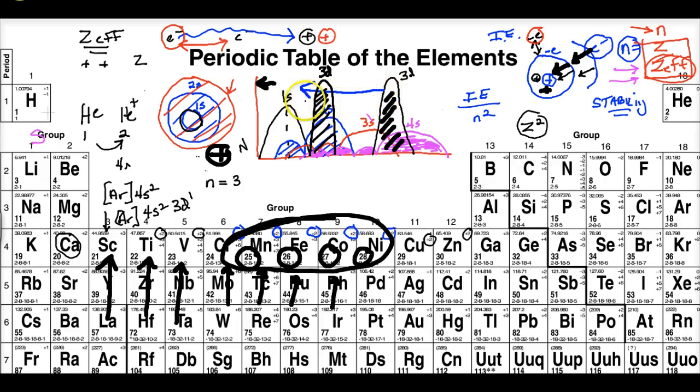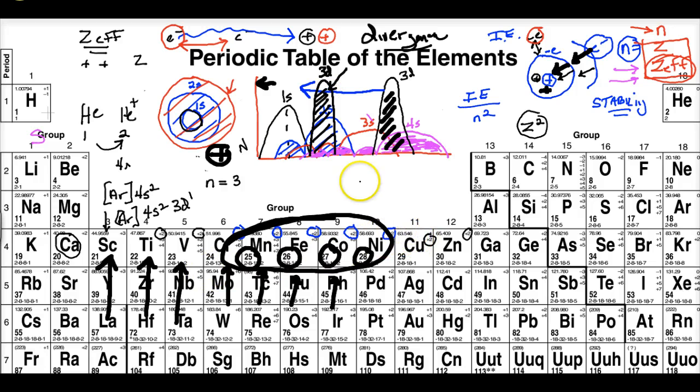So this moves closer to the nucleus than the 4s, and we call that divergence. And because of the divergence, the 3d becomes more stable, and filling the 3d becomes a priority of these elements.